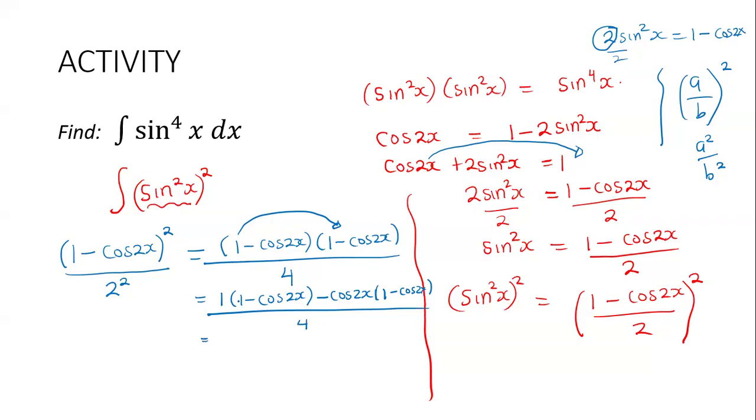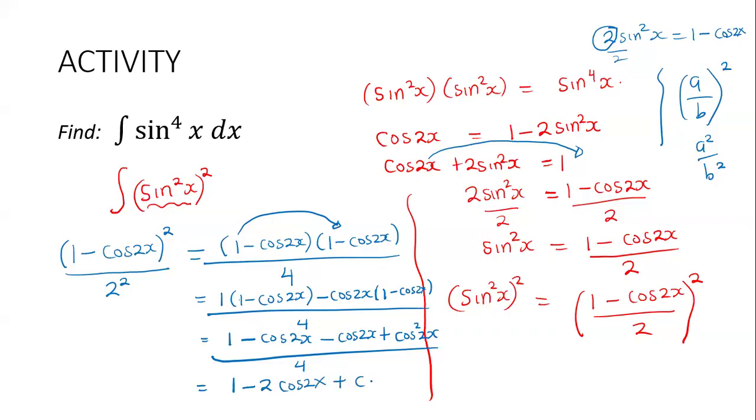Now I open brackets: 1 times 1 is 1, minus cos of 2x, minus cos of 2x, then negative times negative is positive, so I get cos squared of 2x, everything out of 4. Now I collect like terms: 1 minus 2 cos of 2x plus cos squared of 2x, everything out of 4.